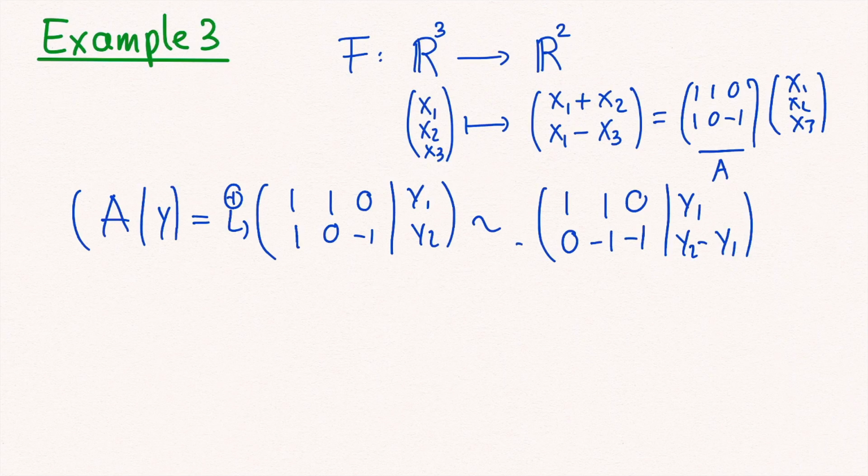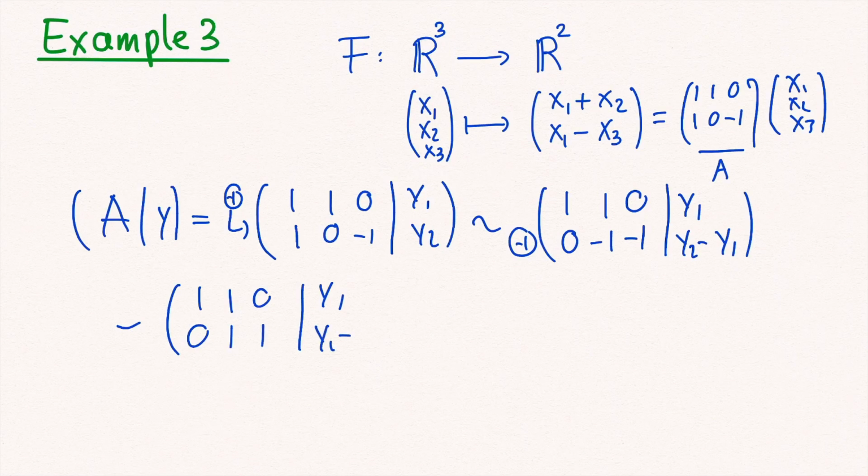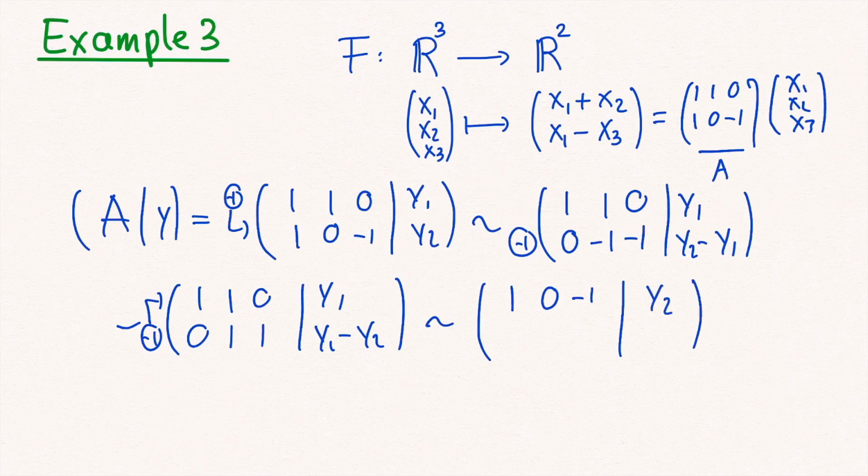So then we can, for example, multiply this here with minus 1 to see 1, 1, 0, y1, 0, 1, 1, and here y1 minus y2. And then we subtract this here from there to get this here, minus 1, and here is a y2, 0, 1, 1, y1 minus y2.